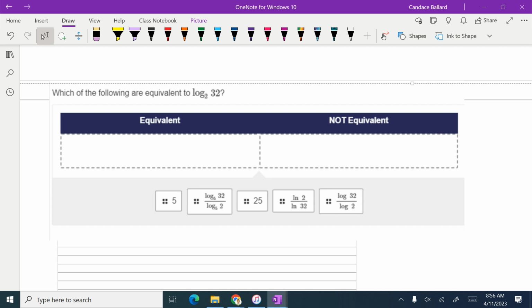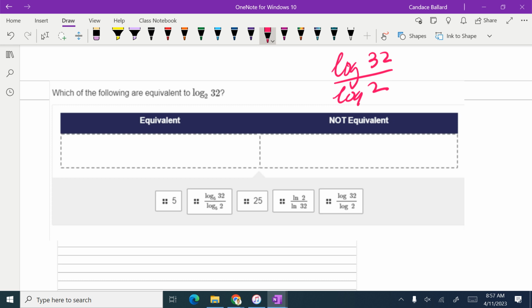There were a couple of different scenarios. So, first thing I'm going to look for is the change of base. Basically, I want the big number on the top and the small number on the bottom, the base on the bottom. So it needs to say something like log of 32 over log of 2.